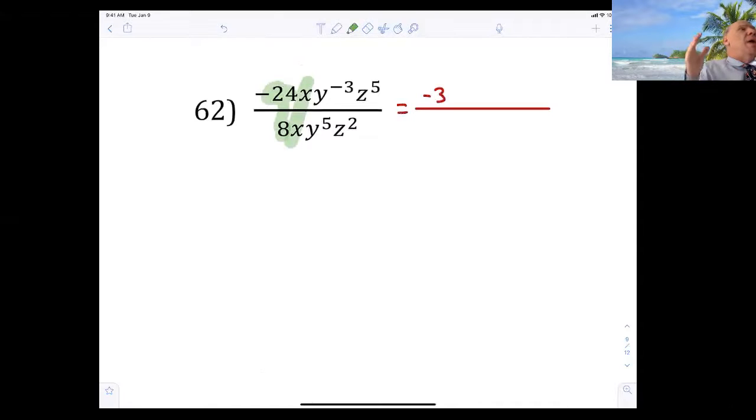So on the bottom, that makes how many? 8. So y to the 8th on the bottom. And then I'm looking at the z's. How many? Z to the 3rd on the top.